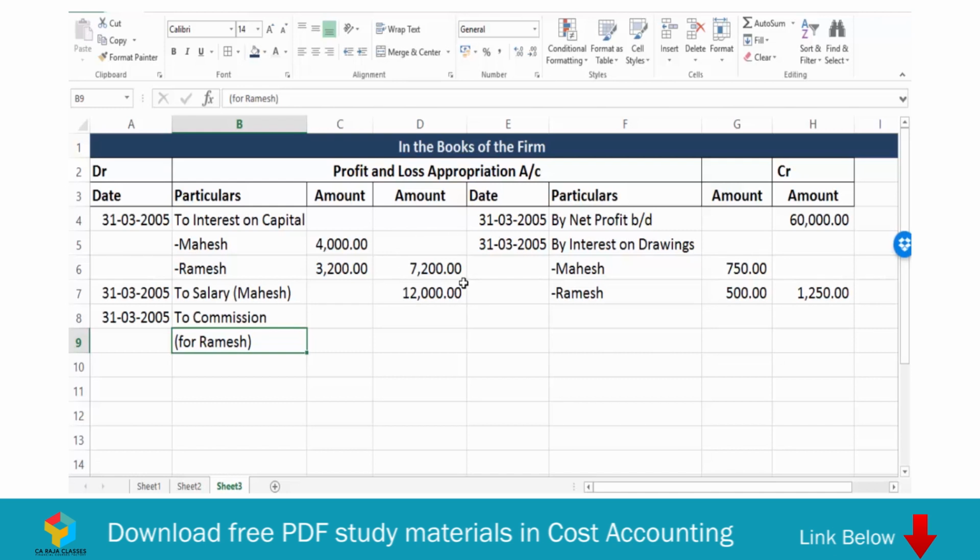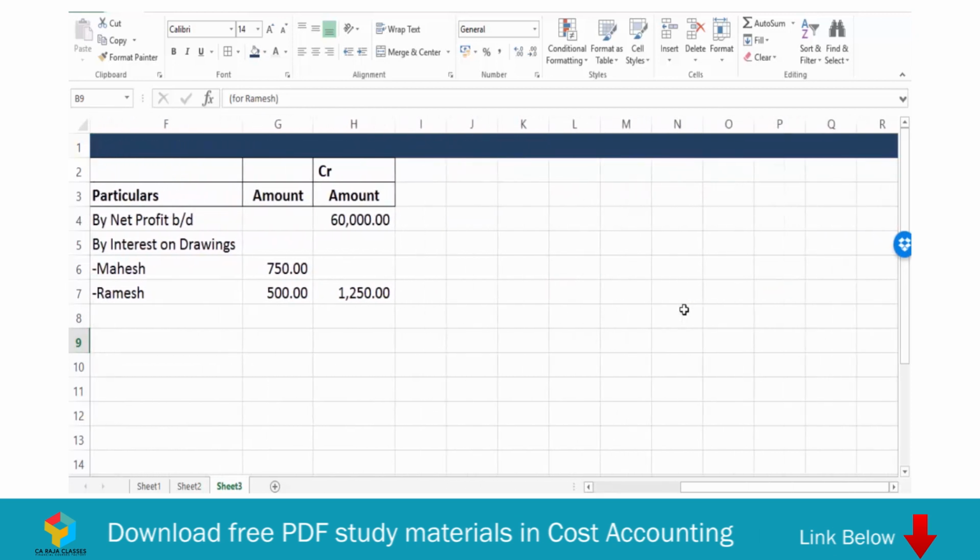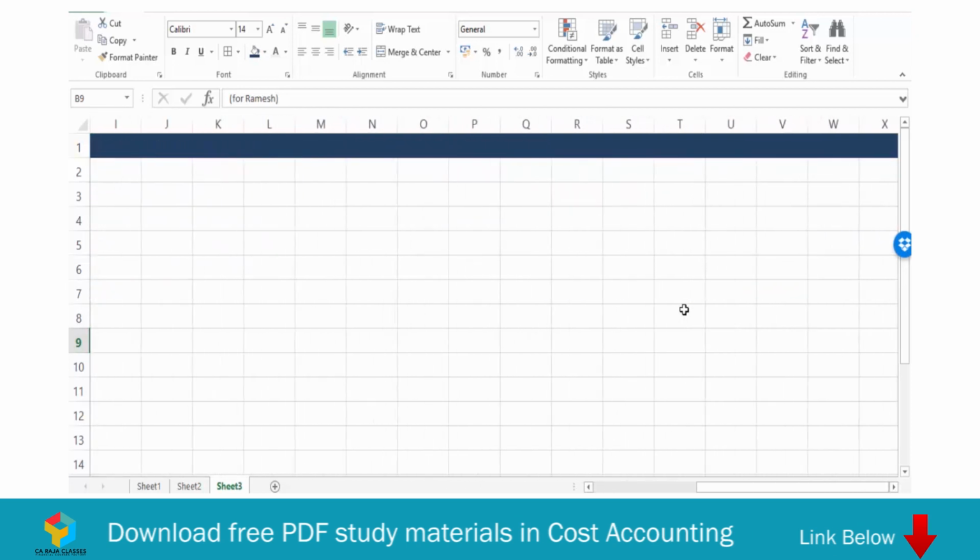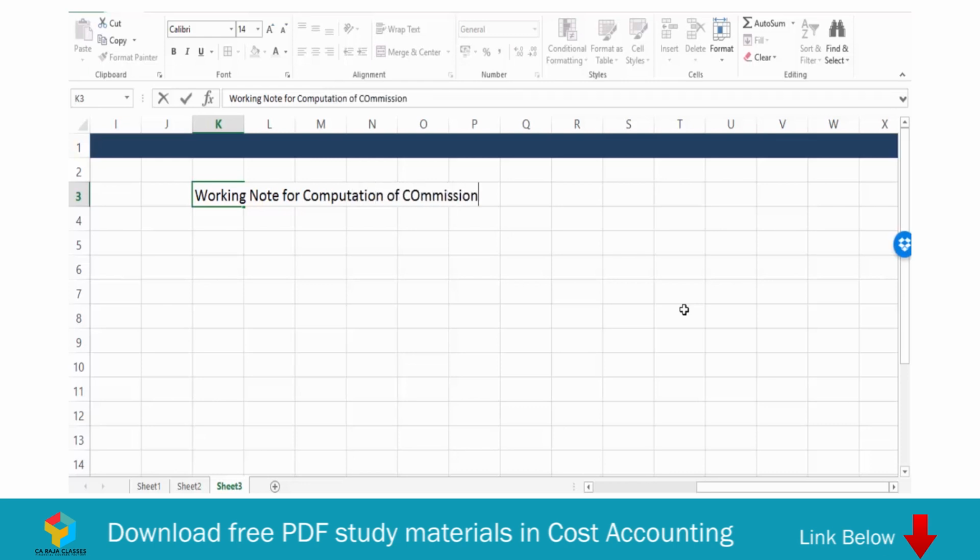On that, commission has to be calculated. So over here I'll open a small working note. I'll mention working note for computation of commission.